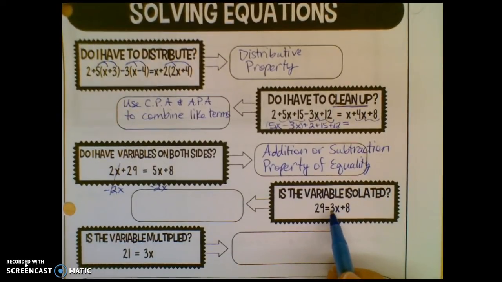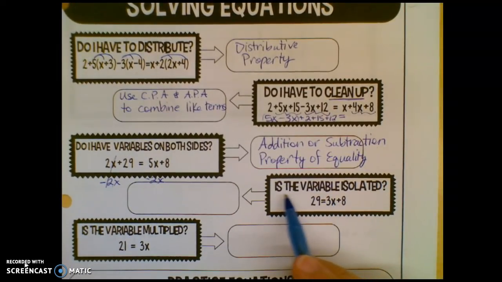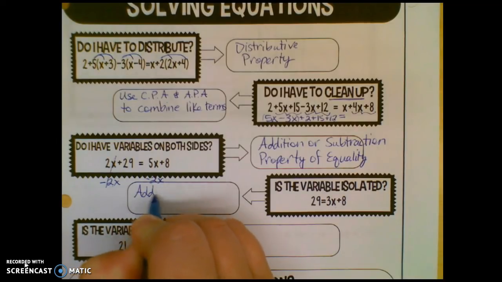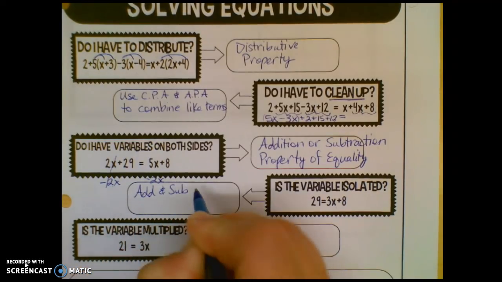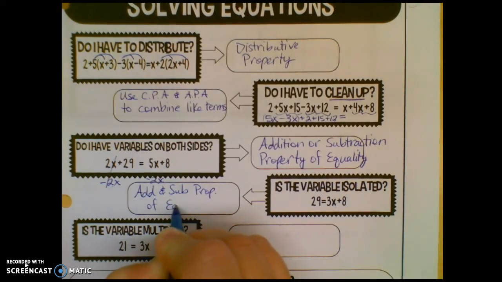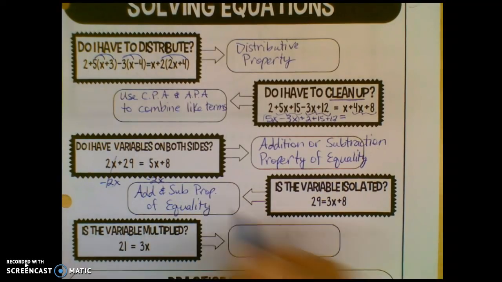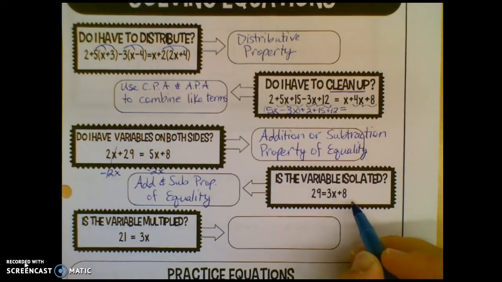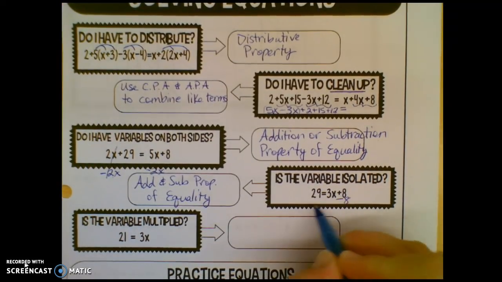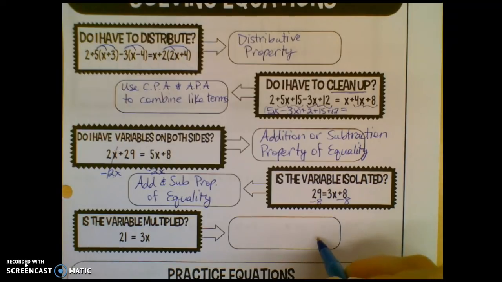Now it's just like the ones you've been solving before. So is the variable isolated? So you go to the variable side, and then you use the add or subtract property of equality. Basically, you're getting your like terms together by subtracting 8 in this case on both sides.